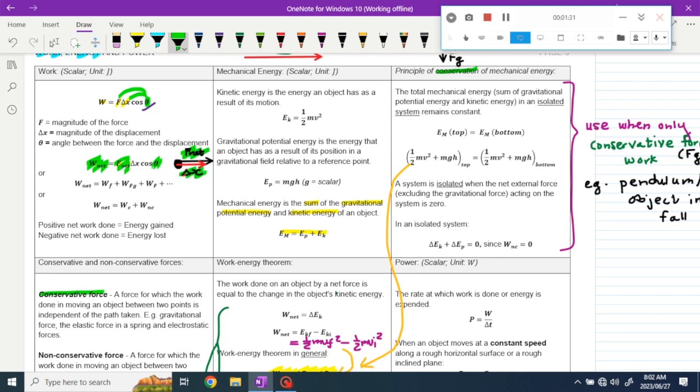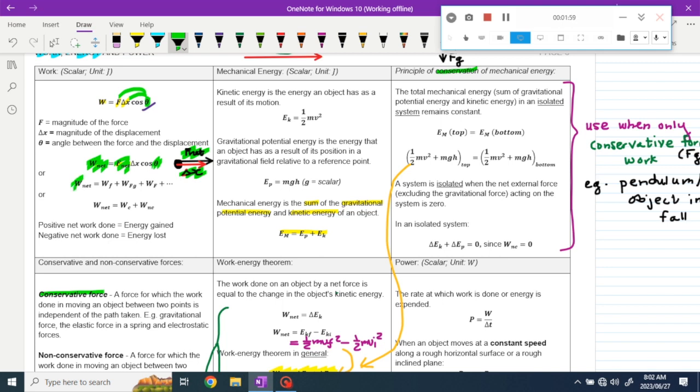Once you are done calculating the net force, if the object is accelerating, it's speeding up, then you know the net force is in the same direction as the displacement. And for my diagram over here, what will the theta value be? 0. They are both pointing towards the right. They are parallel to each other. And based on that, for this diagram, the theta value is going to be 0.